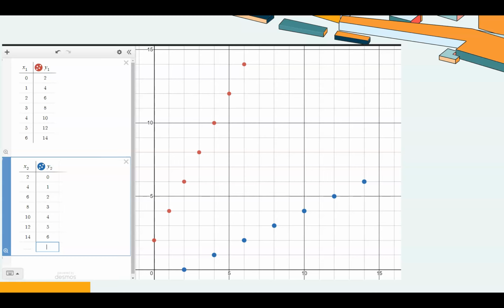So if we graphed those two on the same set of axes, and I asked Desmos to do that, I asked very politely, we can see there's some nice symmetry. When inverses are graphed, we see those graphs reflected across the line y equals x.